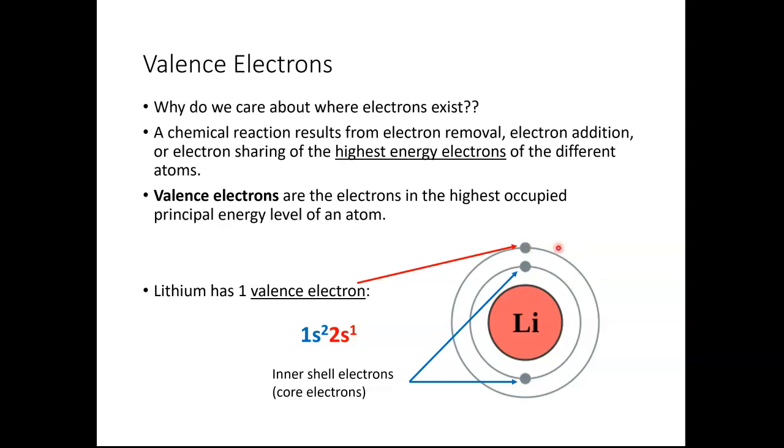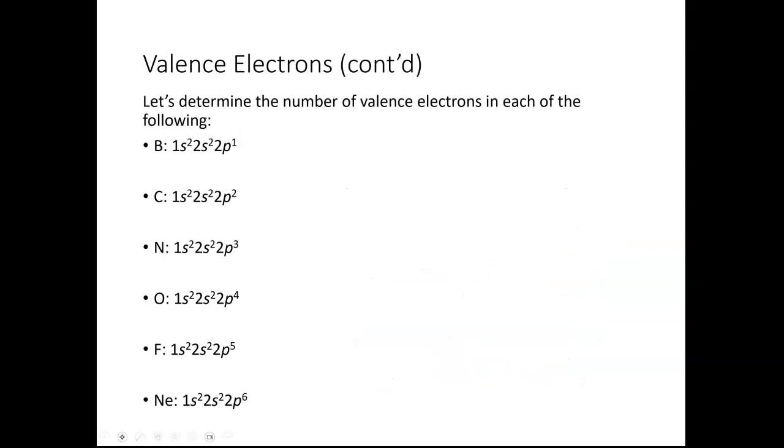The outermost energy levels that are occupied, that is what we call the valence electrons. So we are looking for the outermost shell, which we term the valence shell. The valence shell is the highest occupied principal energy level, and within the valence shell are the valence electrons.